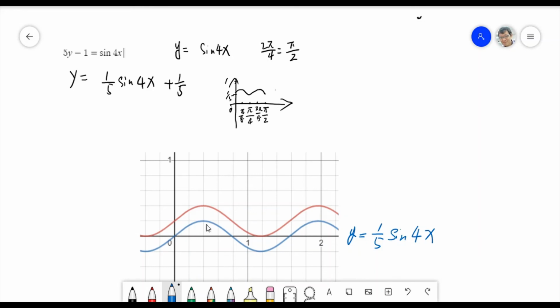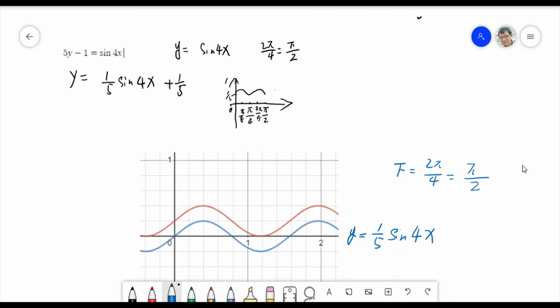It starts from here and ends up here, like 1.6, 1.7. So let's see why. The frequency depends on the 4 here. Since it's 4, the period is 2 pi over 4, so pi over 2.